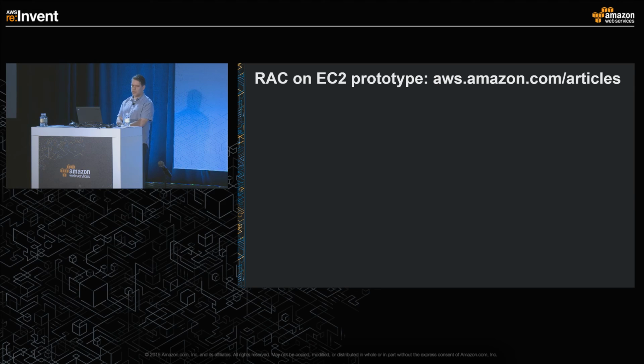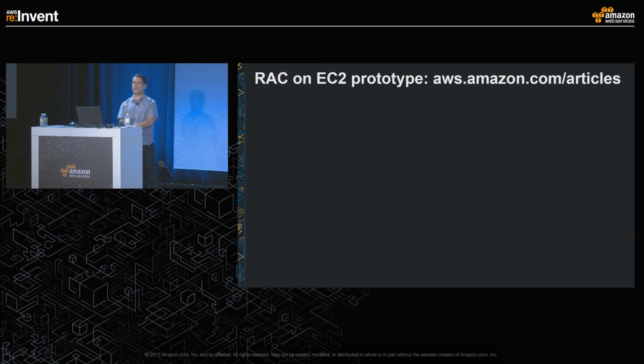All right, let me tell you a little bit more about how we built this thing out. First of all, I'm happy to announce that we have built a prototype, and we're making that prototype available to our customers at aws.amazon.com/articles. You'll find a tutorial there that will walk you through the setup of this reference architecture that I'm going to tell you about.